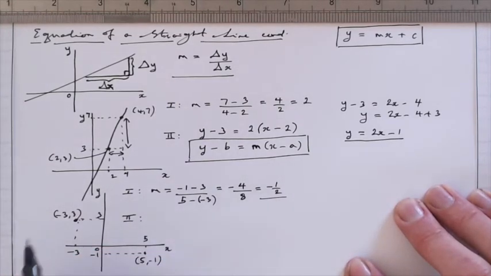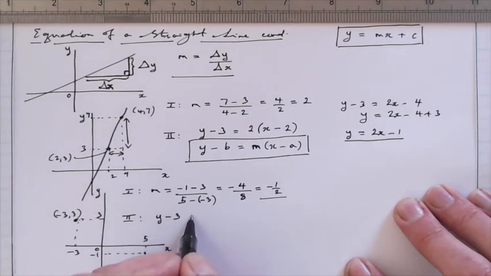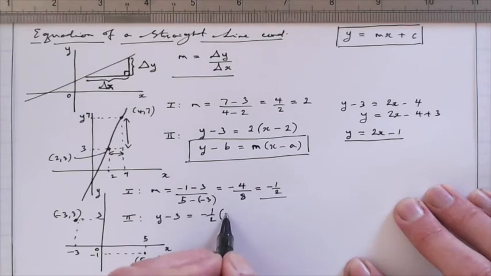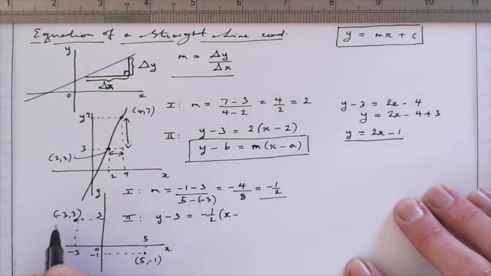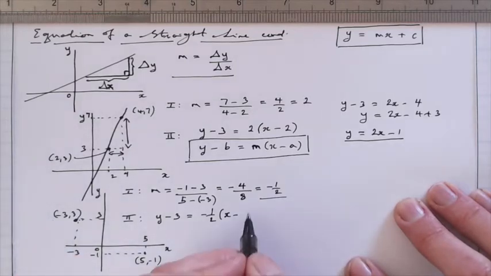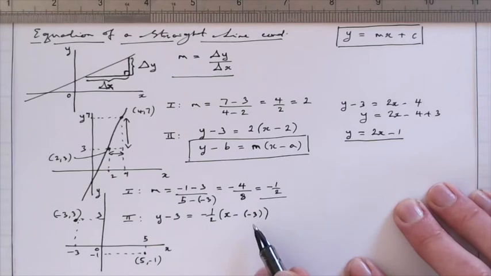Now step 2, I choose the left point. I have y take away the y value of this point, which is 3, equals the slope, negative a half, times x take away the x value of this point. And look, it's negative. I have to be very careful. So I'm going to put that negative number in brackets to make sure I remember it's negative.